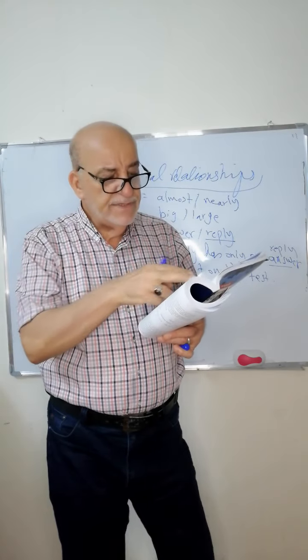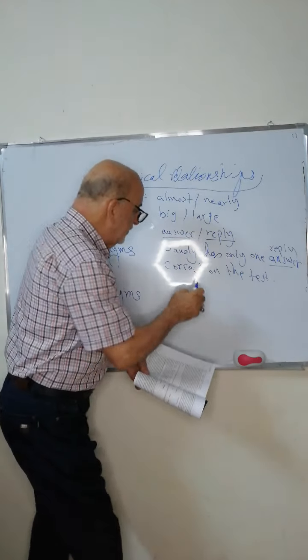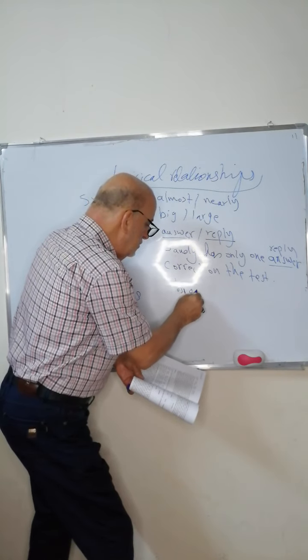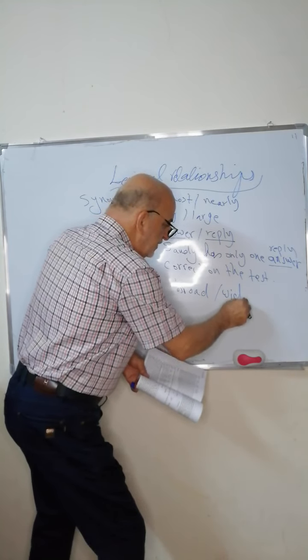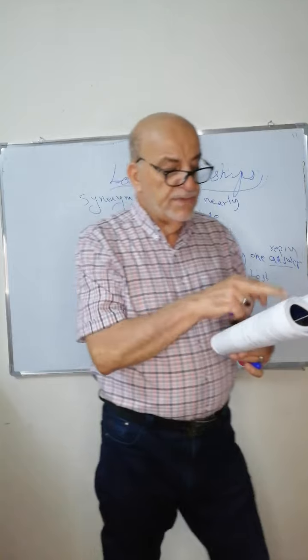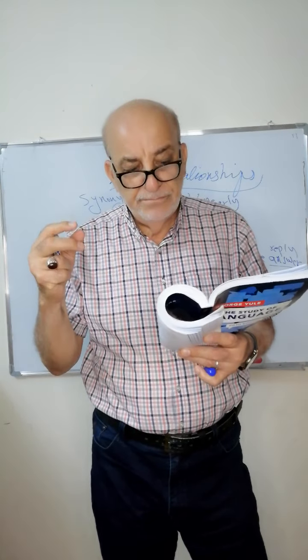Another example is broad and wide. These are synonyms. But what does he say here? Although broad and wide can both be used to describe a street in a similar way, we only talk about being in broad agreement.